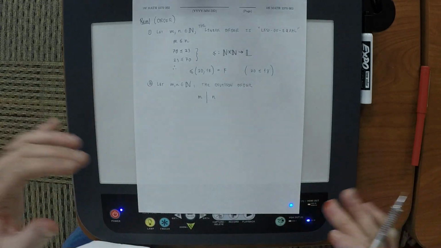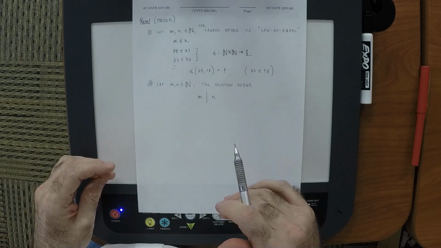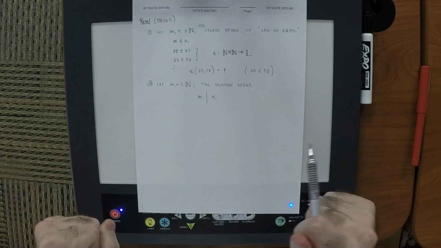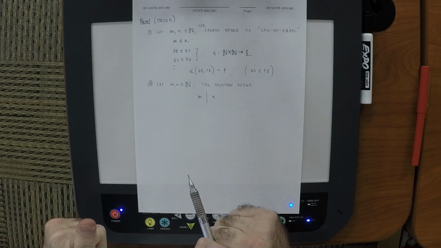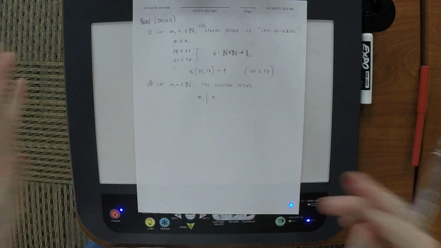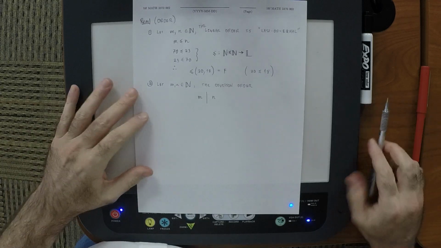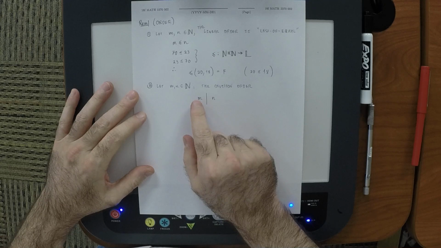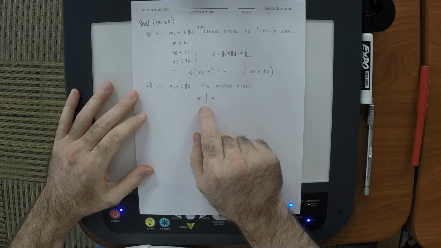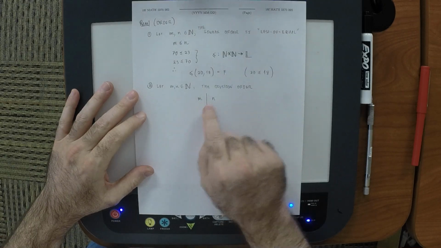But I think that's a particularly bad idea, and I'm campaigning to get all of my mathematician colleagues to agree that we're not going to do that anymore, with small success. The way you read this is that m divides n.